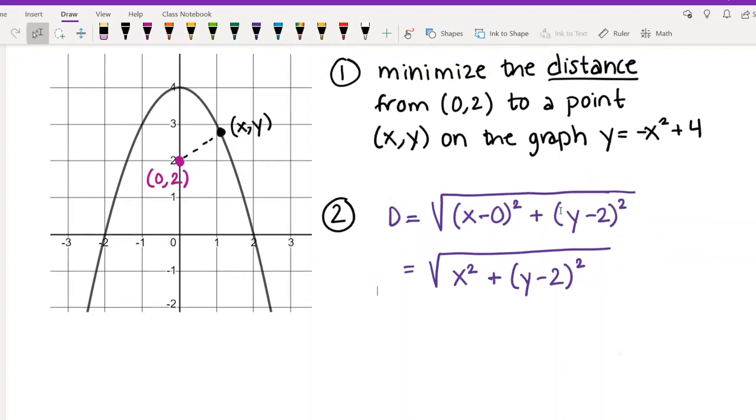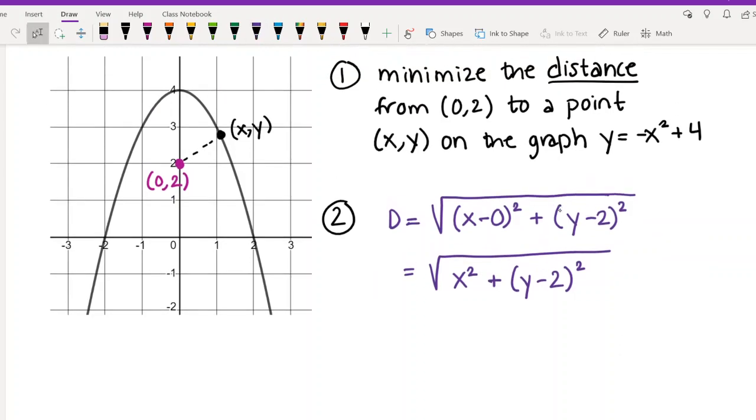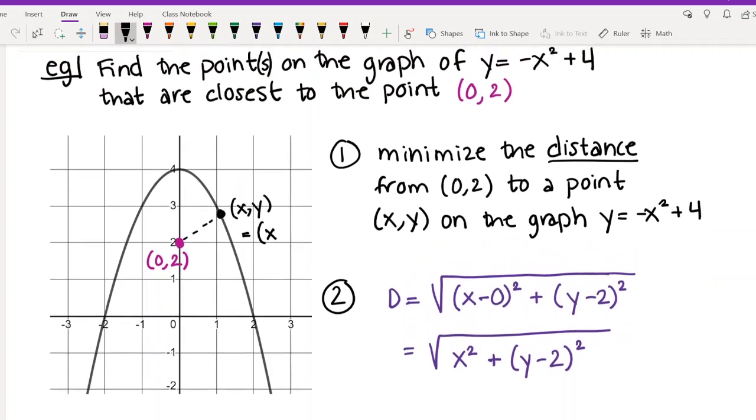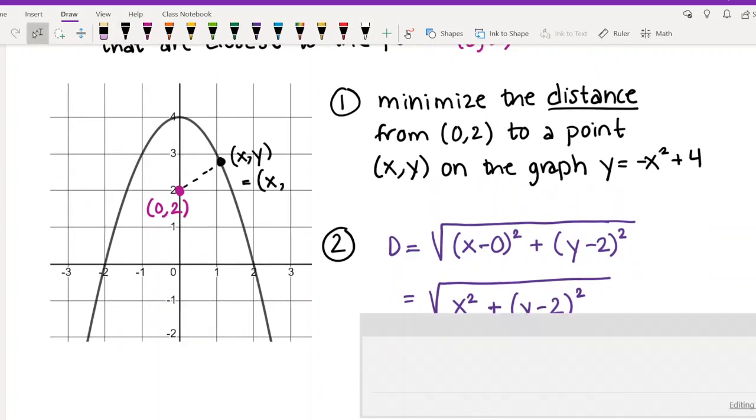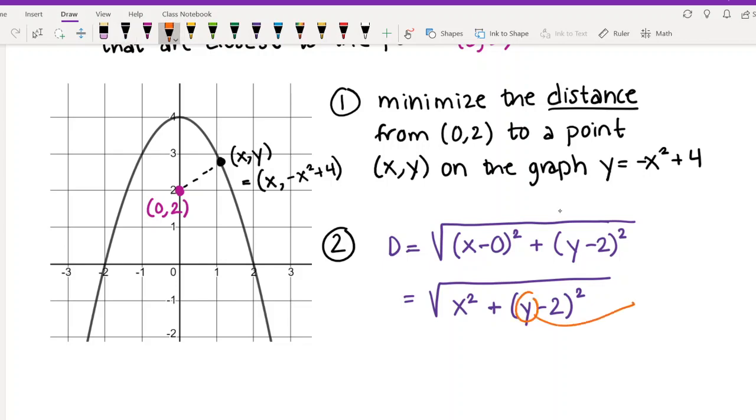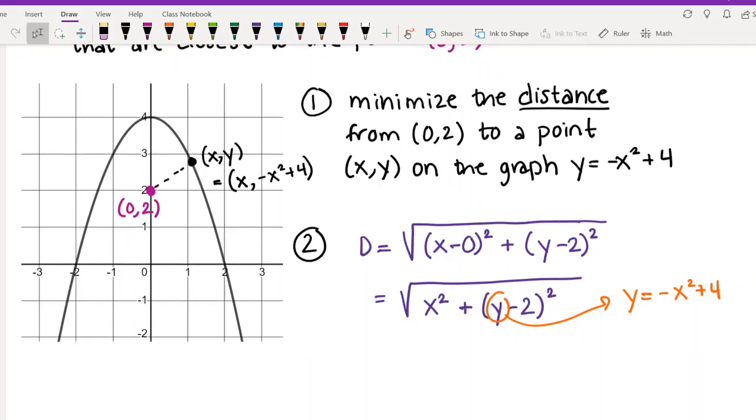Well, if the point x, y lies on our graph, we know that the equation for this graph is y equals negative x squared plus 4. So that means the y-coordinate of this point can be written as negative x squared plus 4, right? So let me write that down here. y equals negative x squared plus 4 because it lies on this graph.